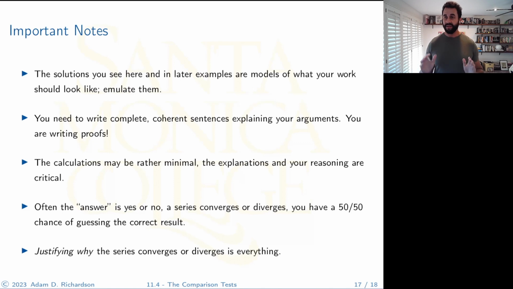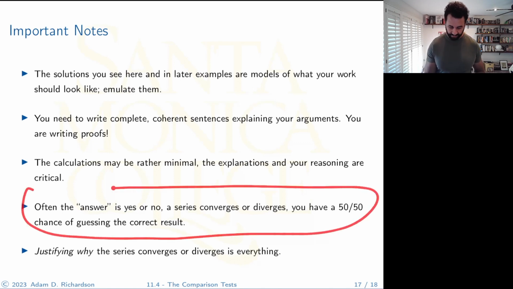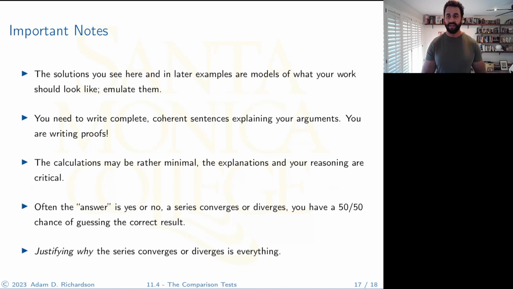All right. And following immediately from that is this very, very important note, because a lot of times students will say, hey, if I get the answer right, do I get some credit? The answer is not really much credit in this case, because the answer at this point is really just yes or no. Does a series converge or does it diverge? You've got a 50-50 chance of just guessing that it's right.